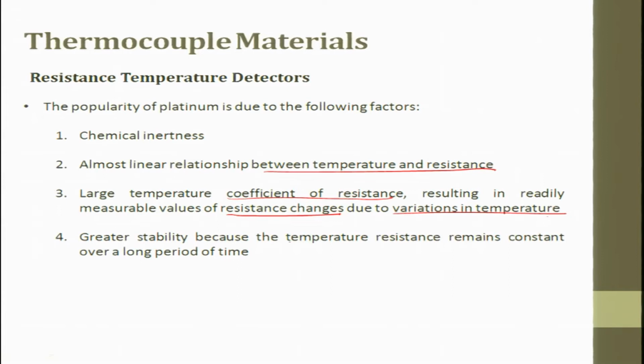Greater stability, because the temperature resistance remains constant over a long period of time. The greater stability, chemical inertness, large temperature coefficient, readily measurable values of resistance change, all these things make platinum a popular choice for RTD. What is RTD? RTD is nothing but resistance temperature detectors.